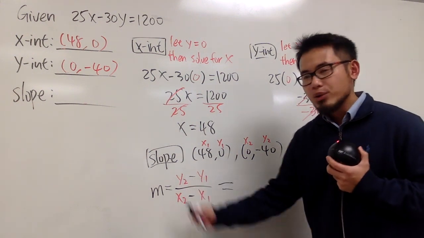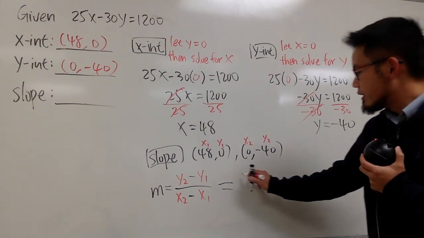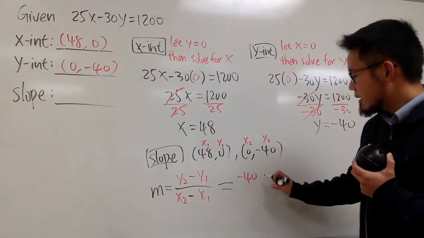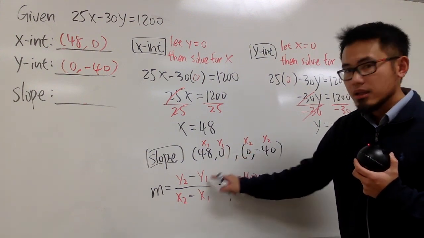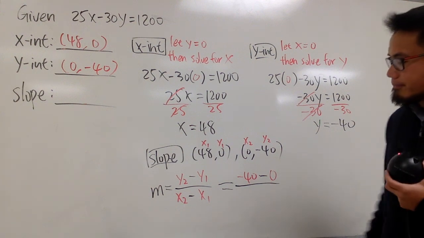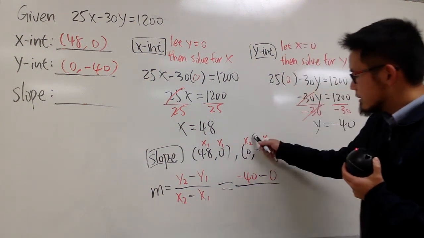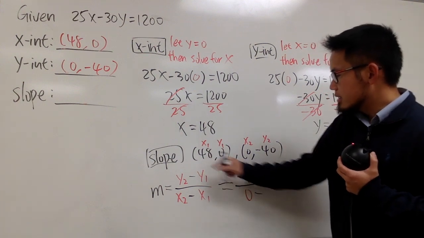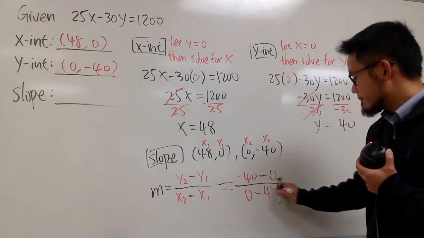First of all, y2 is equal to negative 40, okay? And then we have the minus from the formula, and then y1 is equal to 0, so we put this down, and then all over x2 is this 0 right here, and then minus x1 is 48, right?